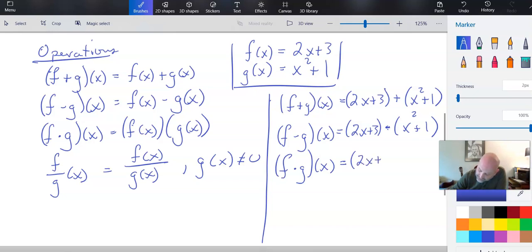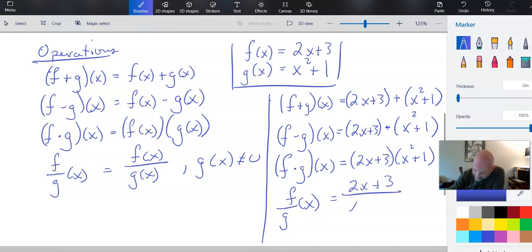That's 2x plus 3 times x squared plus 1. You're going to FOIL that out if you need to. You may not need to. Sometimes it's better to leave things factored like this. And then the last one, f divided by g, would be 2x plus 3 divided by x squared plus 1.